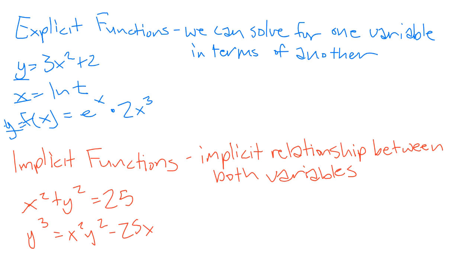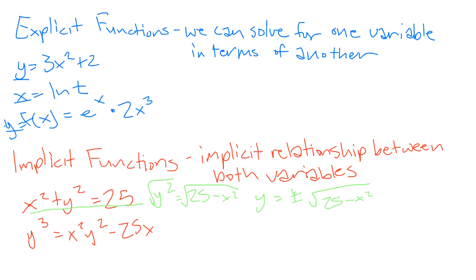Now, you can sometimes turn an implicit into an explicit function, but you can't always. For example, it would be very easy to solve for y for our first function, to where we could essentially say our y squared equals 25 minus x squared, take the square root, and we could easily say y equals plus or minus the square root of 25 minus x squared.